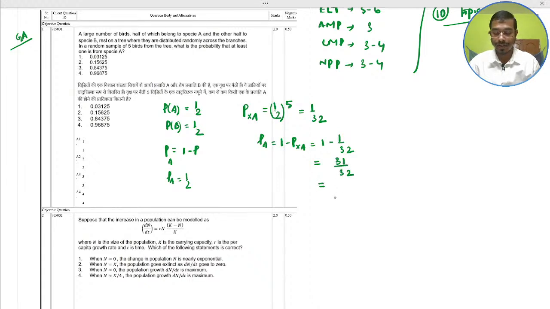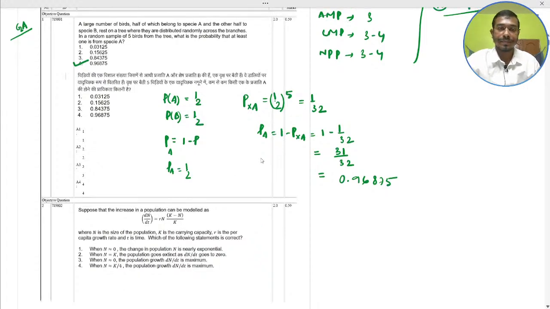So 31 by 32 means 0.96875. Which option is correct? 0.96 means this one, option number 4. Option D would be correct. Option 4, 0.96875. Okay, next.